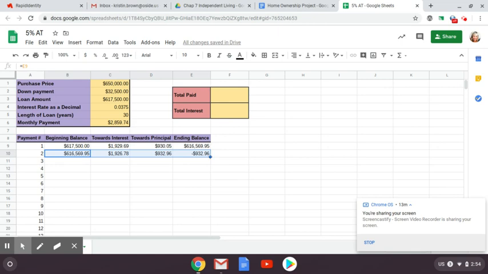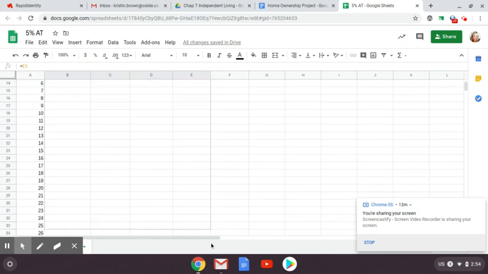We have a long way to drag until we get to 30 years times 12 months. On my calculator, it's 360. So I need the number on the left to be 360 because that's how many payments I'm going to have. 30 years times 12 months is 360 payments.